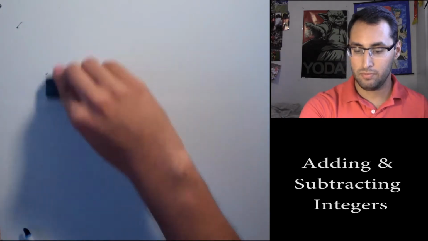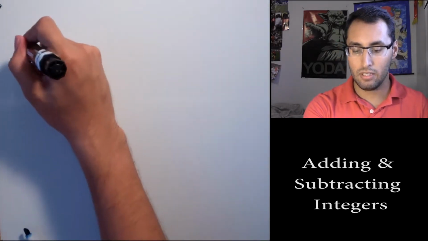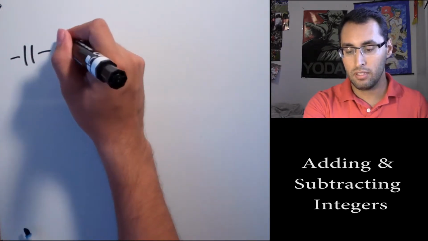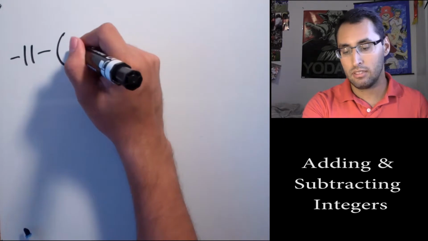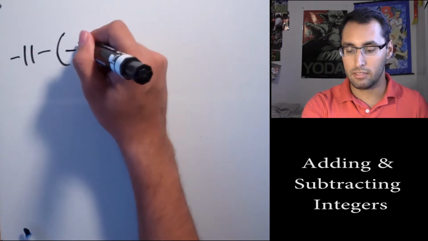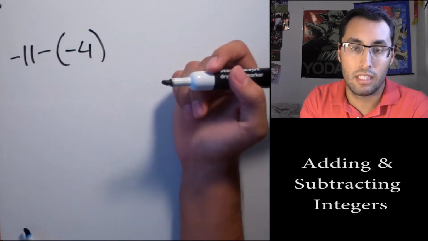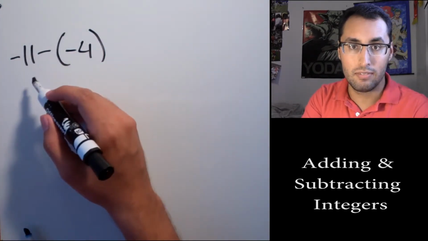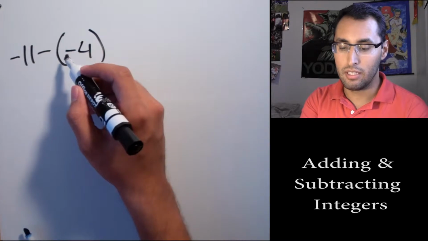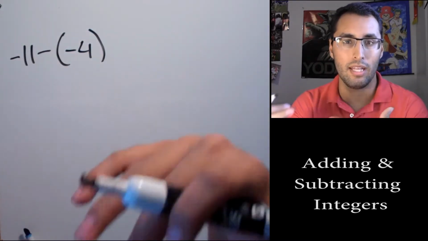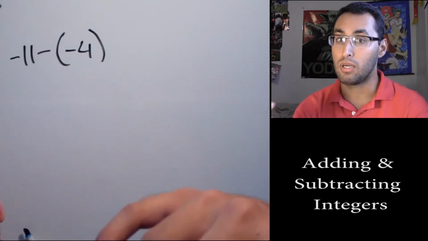difficulty. Okay, let's have negative 11, and what you might see is a negative, and then parentheses, let's say minus 4. Now with this type of problem, we have a consecutive sign. If you look right behind the negative 11, we have a negative, negative 4. We really have to decipher what that means in order to simplify this problem.